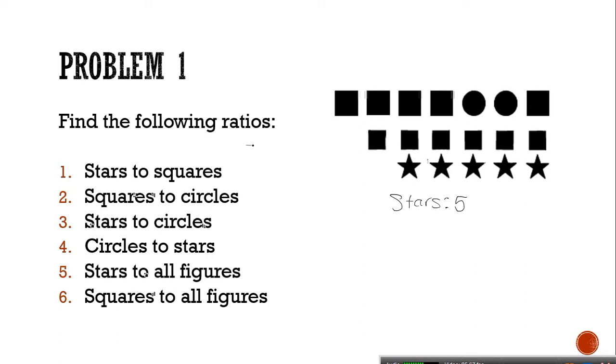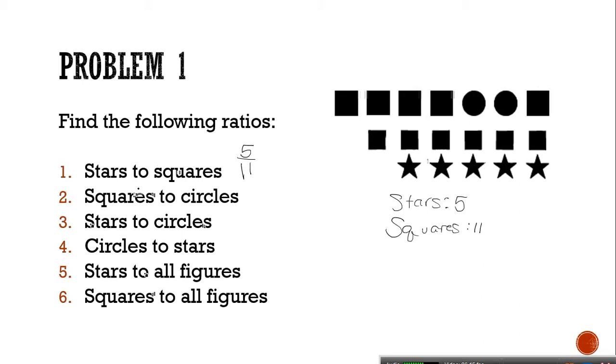I'm going to go 5, because that's the first thing they're asking, to squares. So I need to count how many squares. I got 1, 2, 3, 4, 5, 6, 7, 8, 9, 10, 11. 11 squares. So I have 5 to 11.